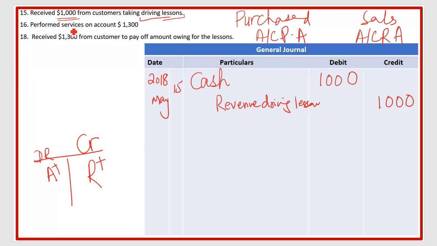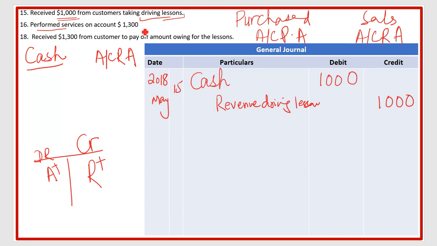When you perform services, you have to see whether you have received cash or the customer says that he or she will pay you in the future. For the second transaction, see the same thing here. You have performed services. Suppose you are a consultant, but here we have the institution for driving lessons.